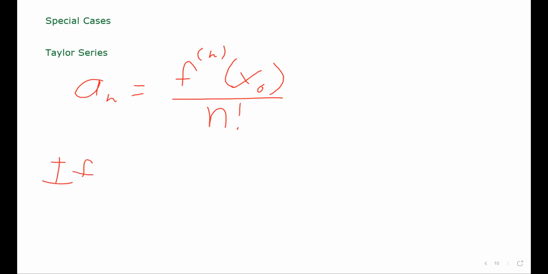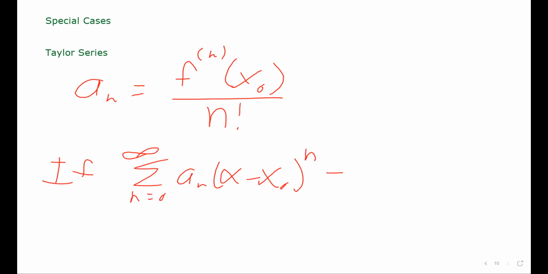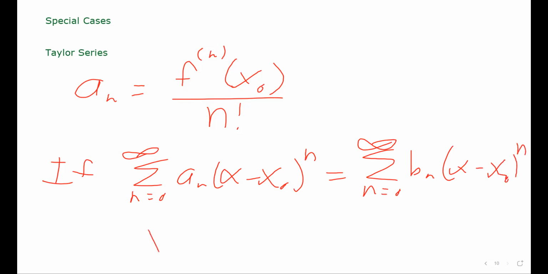If we would happen to have a situation where our summation for our a's equals the summation for our b's for all of our x's, then each of our a's has to equal each of the b's throughout that sequence.